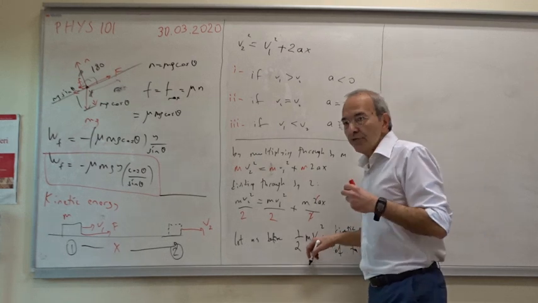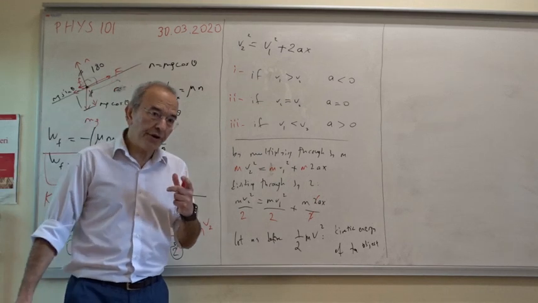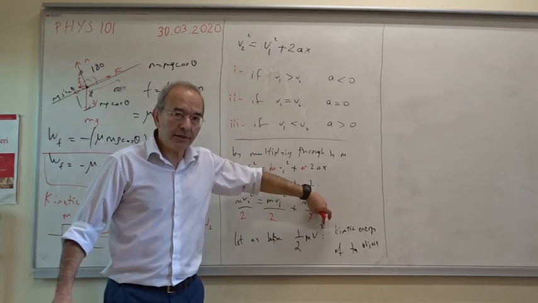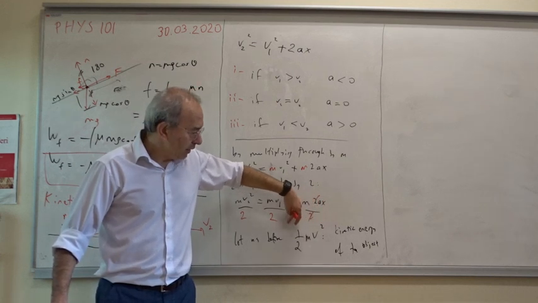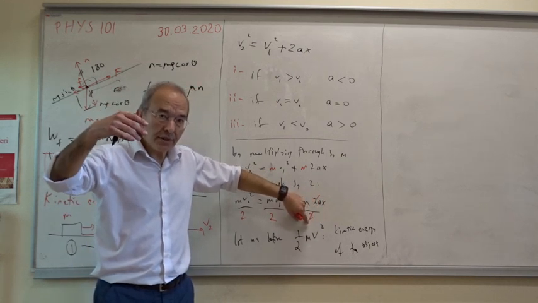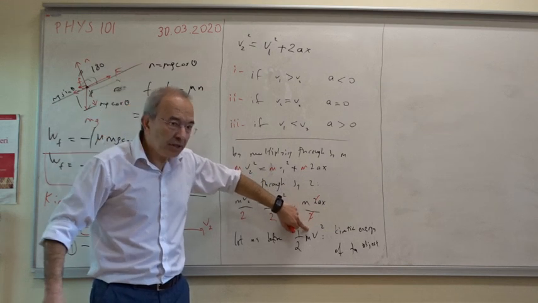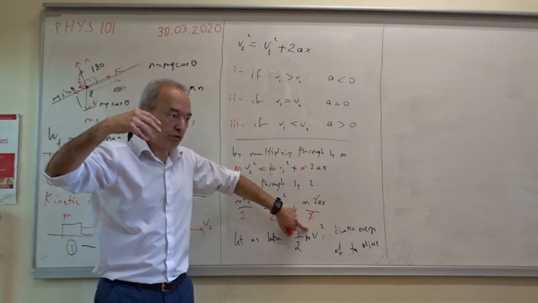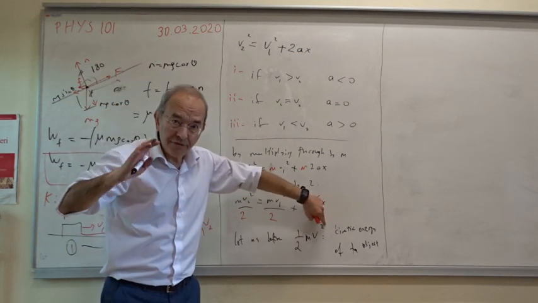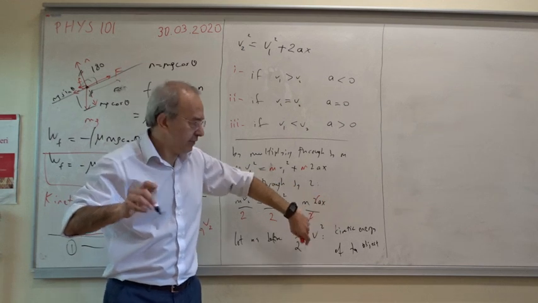Also, it depends on the velocity, further because it is dependent on the velocity squared. If you double the velocity, kinetic energy increases to 4 times. If you triple the velocity, kinetic energy increases to 9 times the first. So it is very strongly dependent on the velocity rather than the mass.